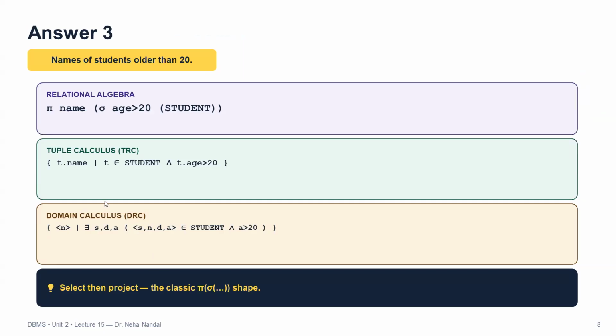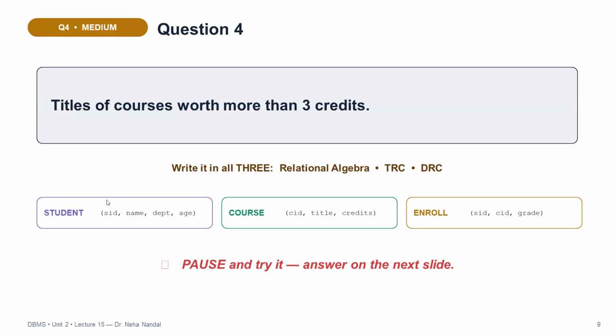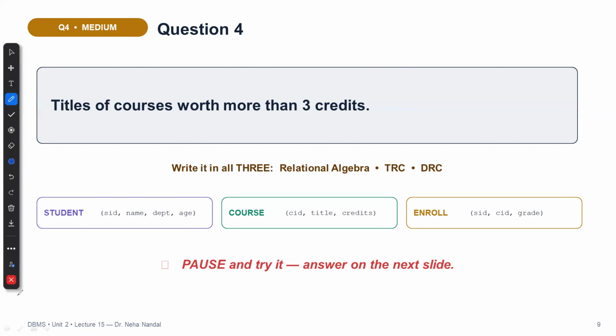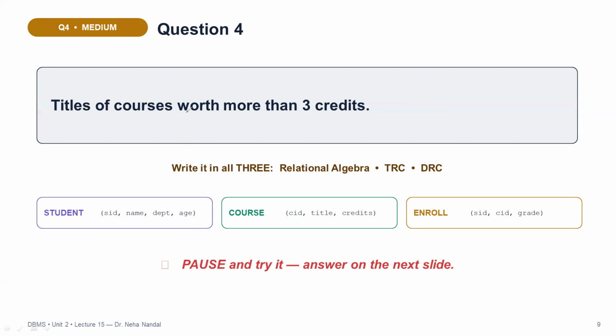Okay. So let's move further with question number 4. Question number 4 is: display the titles of courses worth more than 3 credits. That is the question. It is an identical pattern to question number 3, just on course instead of student.